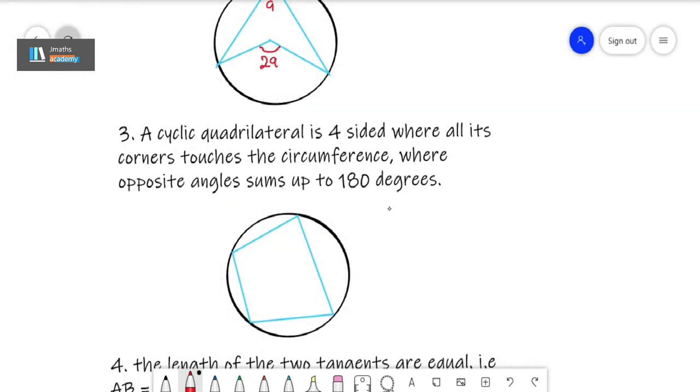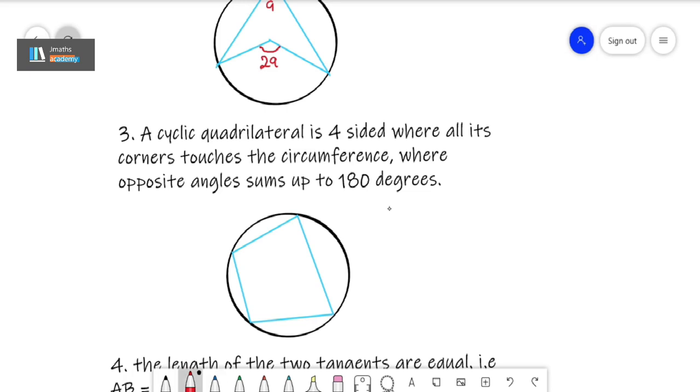Our third property says a cyclic quadrilateral is a four-sided shape where all its corners touch the circumference, where opposite angles sum up to 180 degrees. This is very easy to understand.